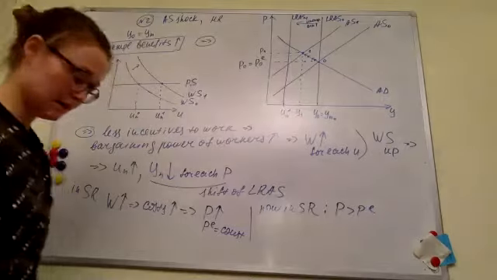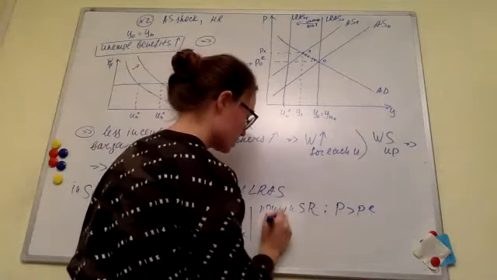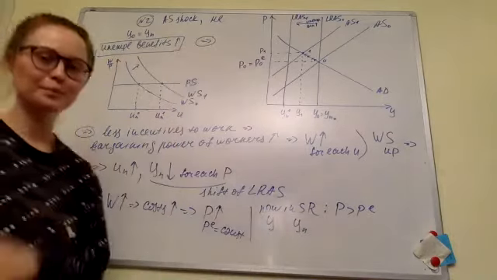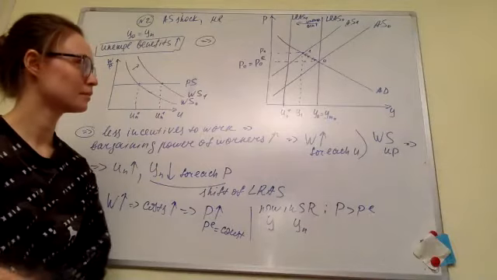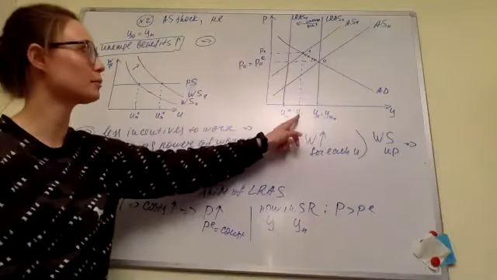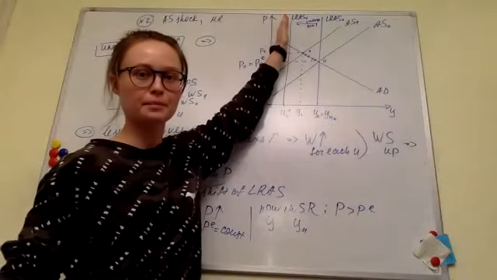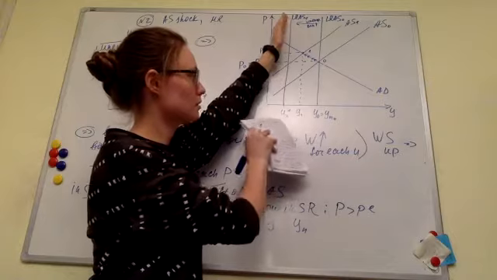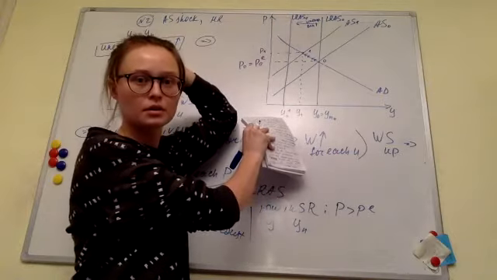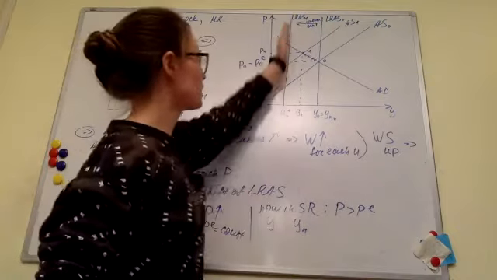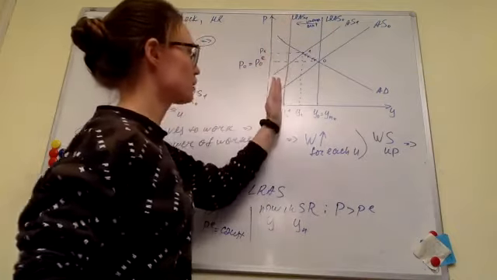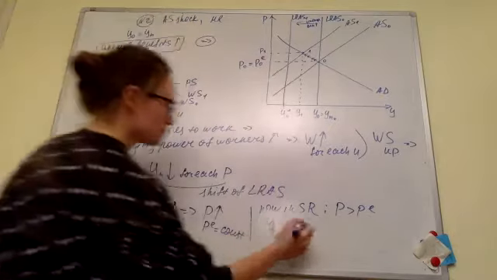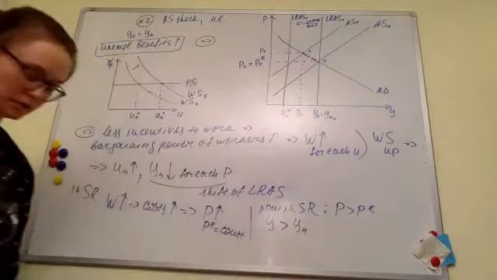Then what about the level of output if we compare with the natural level of output? Output should be more than the natural one. Yes, because now we compare with the new long-run aggregate supply. You see, the level of output now is bigger than the new natural level of output.